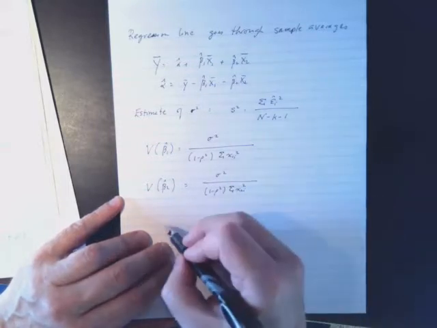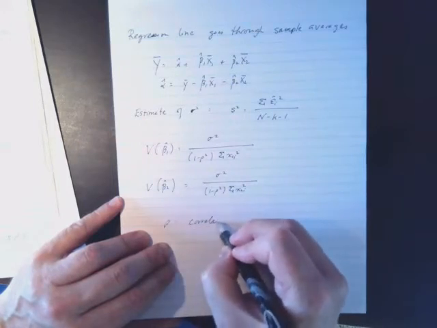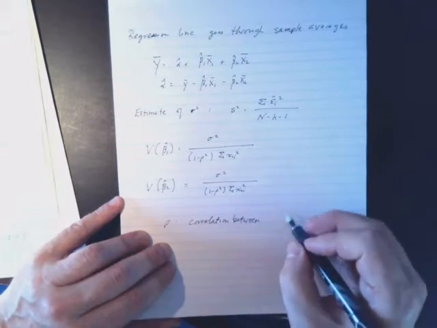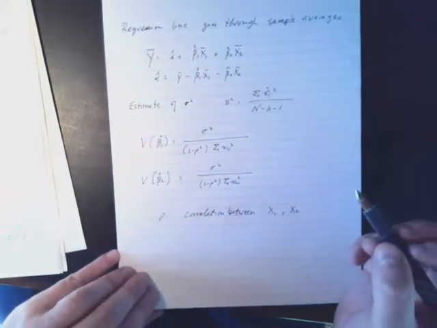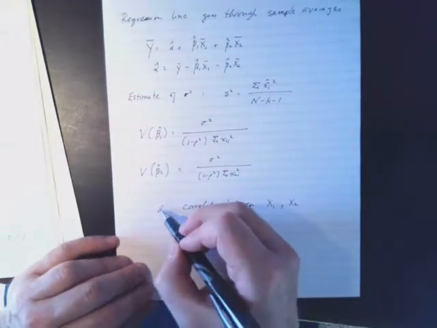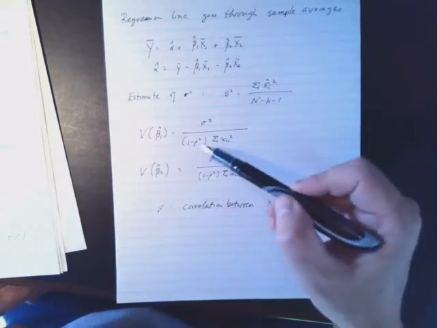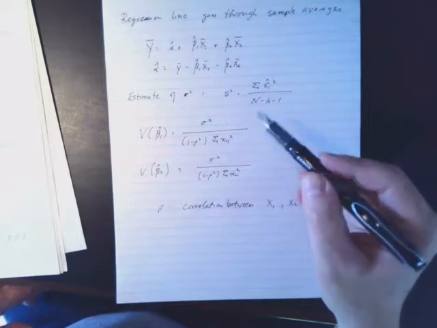And what is rho? It is the correlation between x1 and x2. So we have that correlation, and then take the square of it, and it shows up in the formula here, 1 minus rho squared.